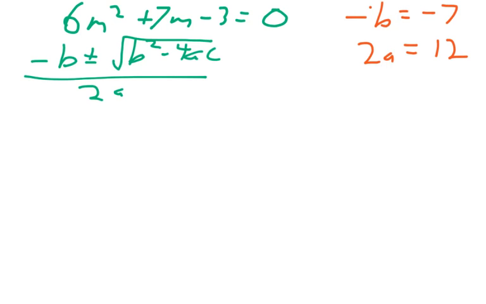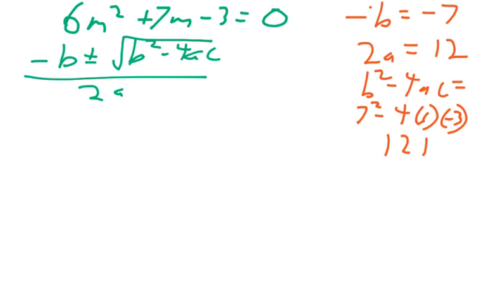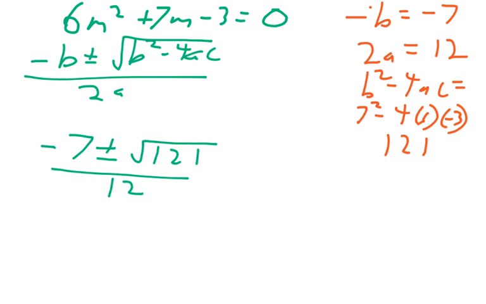And then for b squared minus 4ac, we get 7 squared minus 4 times 6 times negative 3, which is 121. So I'm going to put these in where they should go. So I got negative 7 plus or minus the square root of 121 divided by 12.